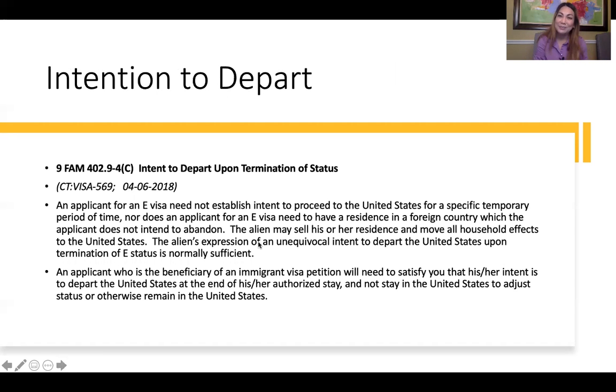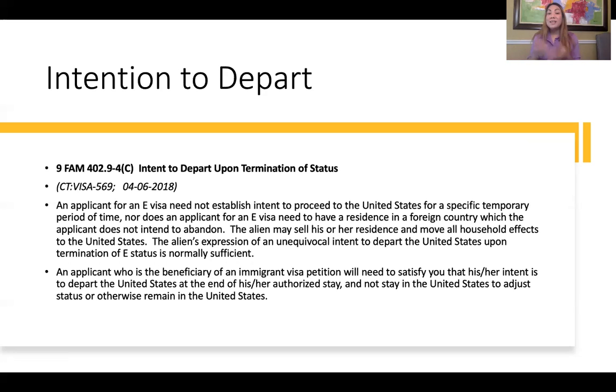Okay, finally, the E-2 applicant must show that you have the intention to depart. An alien's expression of an unequivocal intent to depart the U.S. upon termination of E status is normally sufficient, okay? So you do not need to maintain your residence in your country.